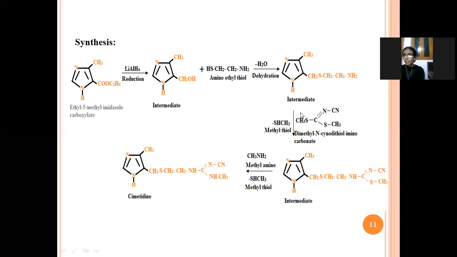So here the methyl thiol is CH3S from the dimethyl N-cyano-thiol carbonate, and also one of the hydrogens from intermediate B is eliminated in the form of methyl thiol to get the intermediate C. So when the intermediate C is reacted with methylamine, the methyl thiol is eliminated to get the final product, the cimetidine drug.